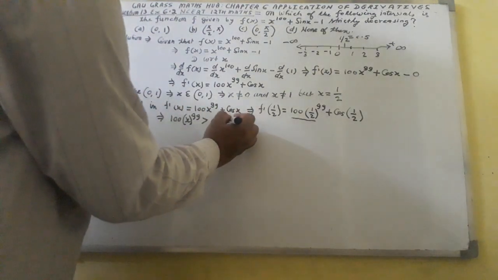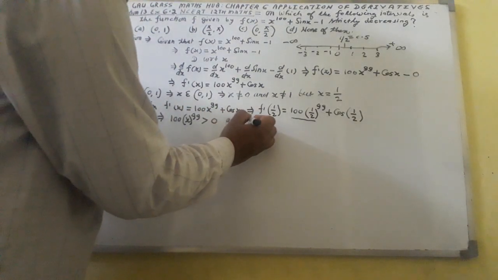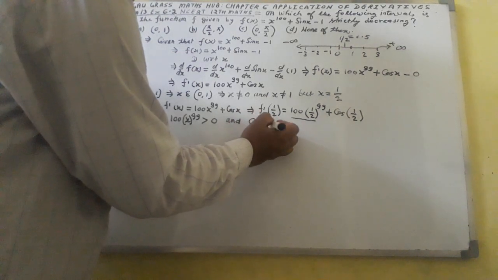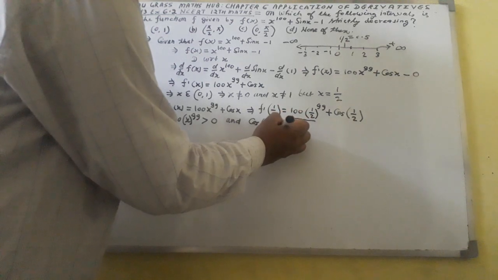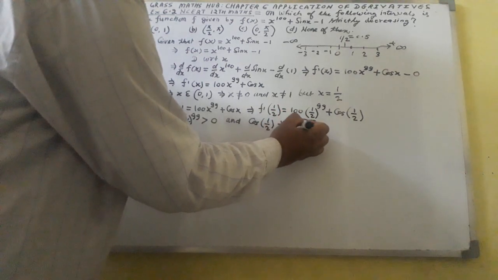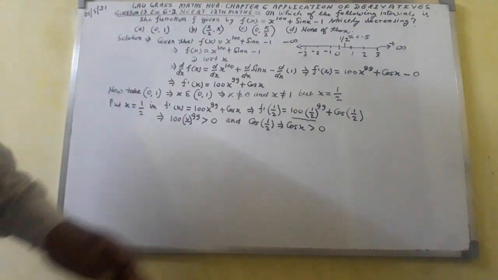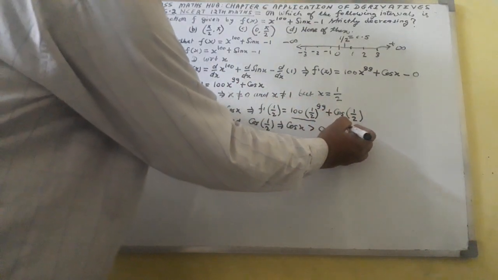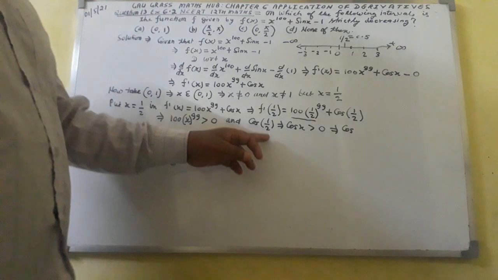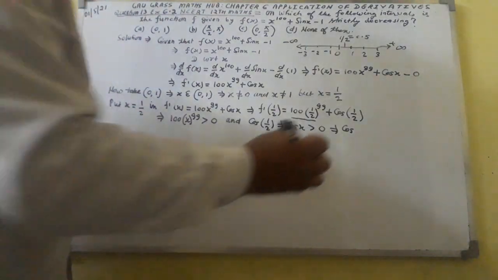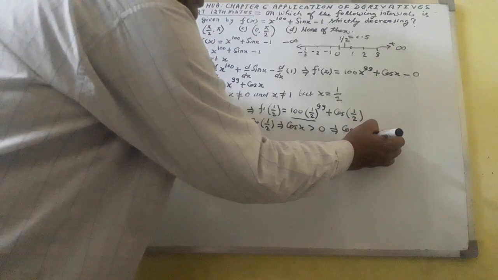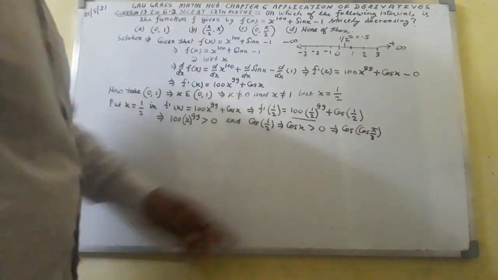And here you will get cos(1/2), which implies cos x is also greater than 0. How? You know better here. Cos 1/2 is there, so in place of 1/2 I shall write cos(pi/3).